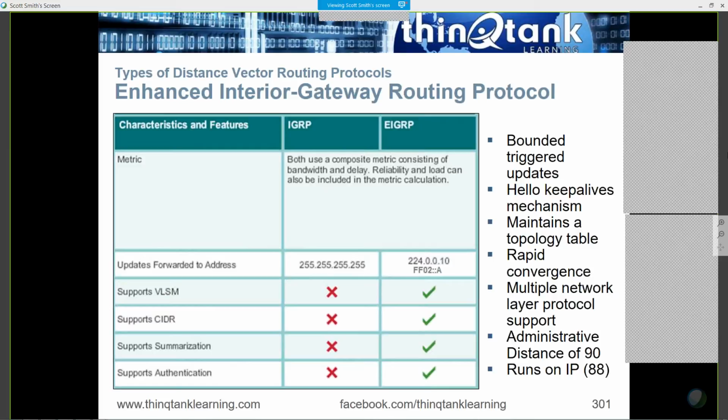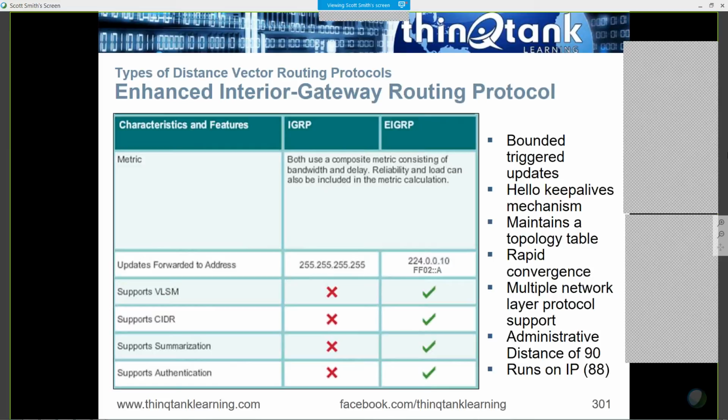We'll see the metric later on for EIGRP. It is a very, very complex metric, but the more complex the metric, generally the better the decisions being made, right? We call those data points. If we have more data points to make a decision, generally the decision is a better decision.